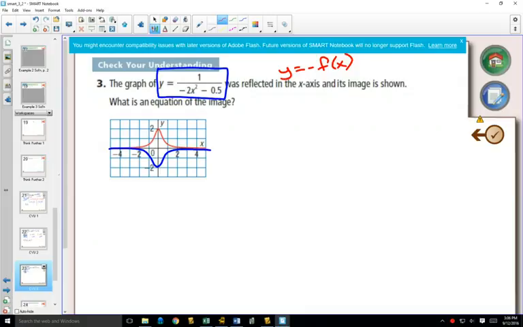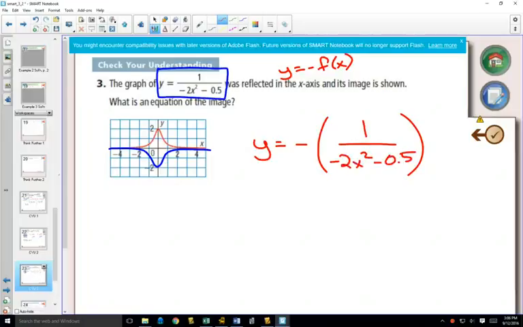So if we have y equals negative f of x, what we can do is write that negative out in front of the original function, which is this.